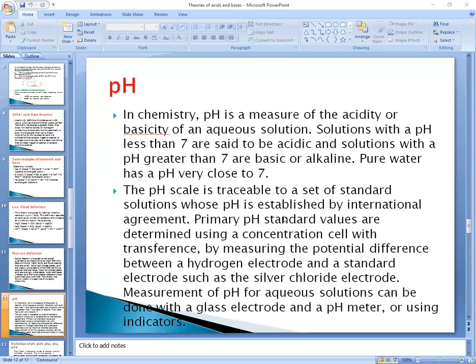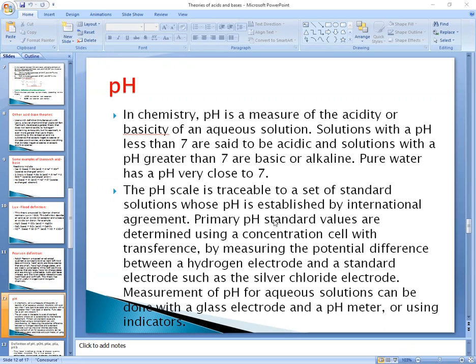Today we will discuss the pH of solutions. Before going to discuss the pH of solution, I would like to discuss the previous topics in few words. In the previous sections, we have discussed the different theories of acids and bases.